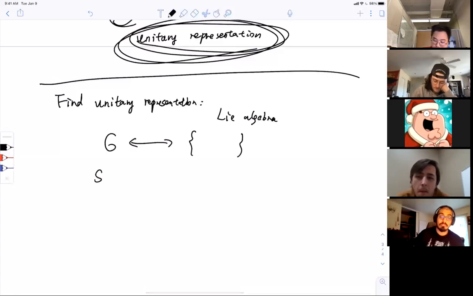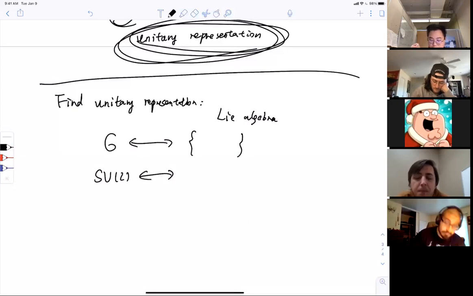So let's take SU(2) as an example. This is a very good example. You could say that if we know the representation of the SU(2) group, we can almost get the representation of all the semi-simple Lie groups.